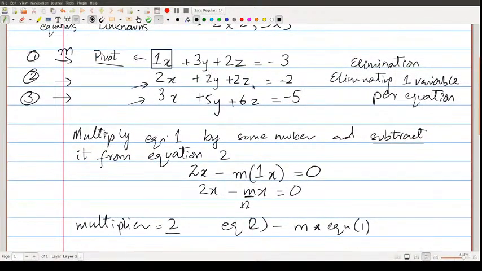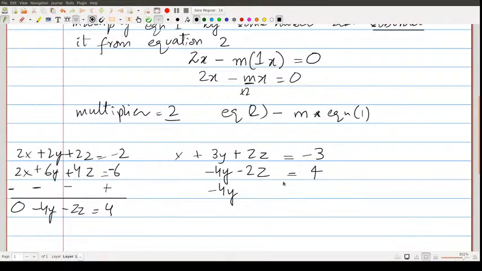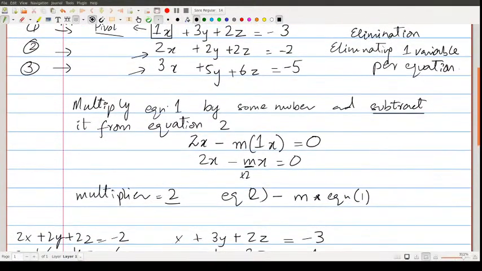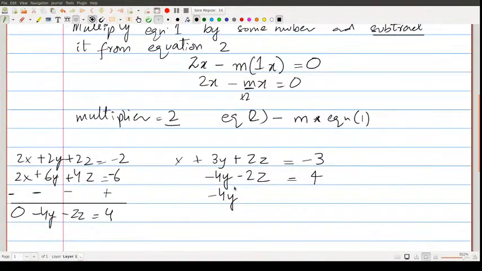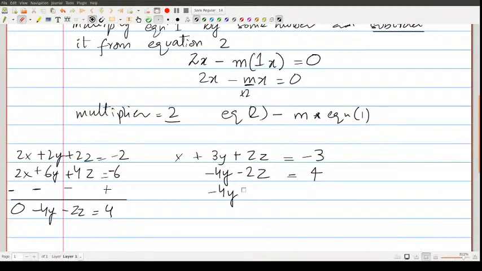And then 6z minus 3 times 2 is 6 minus 6, so that becomes 0. So I have no z here at least, so let's ignore that for now.